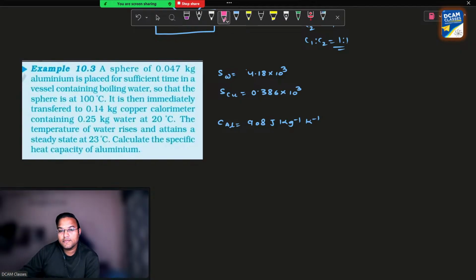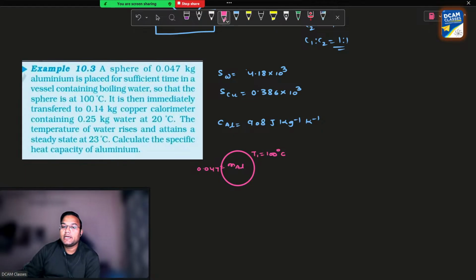See, I'm solving, see what is happening. A sphere of 0.047 kg of aluminum is placed for sufficient time in a vessel containing boiling water. Means its initial temperature was 100 degrees Celsius because it was in boiling water. Its mass is 0.047.